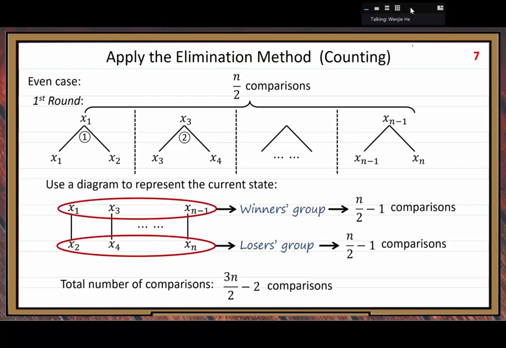We are near the end. I just want to say one last sentence before we leave: this algorithm is also optimal, the best.